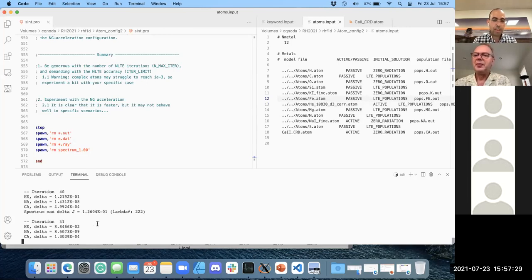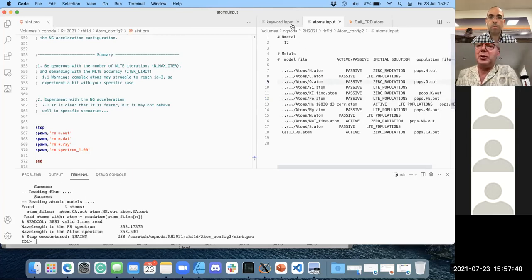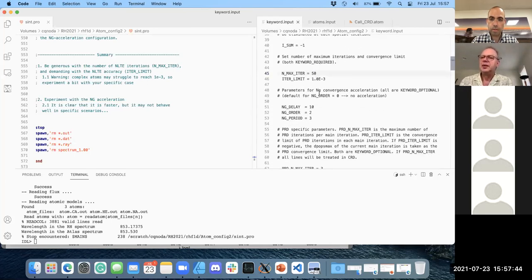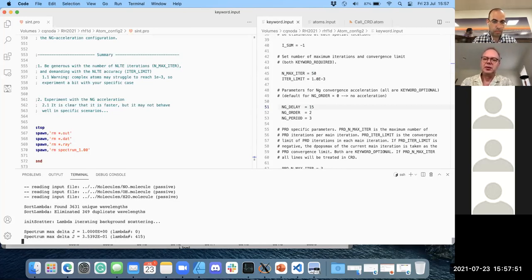So then you said that if I switch off NG acceleration, then delay NG acceleration till 15 or so, or 20. I think 15 is usually what works in a pulse. Okay, let's put 15 here. Let's see.